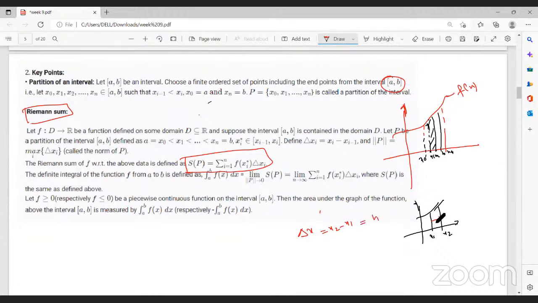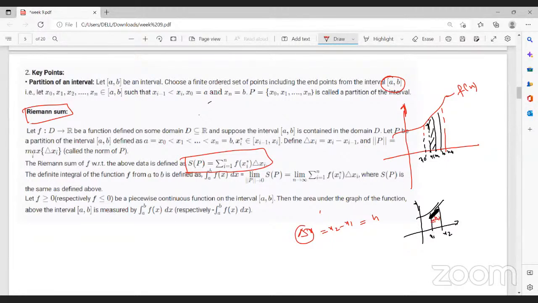Now to find the area of this rectangle, I have to multiply length by breadth, so h multiplied by the height. This h is the width of this particular rectangle, that is delta x.